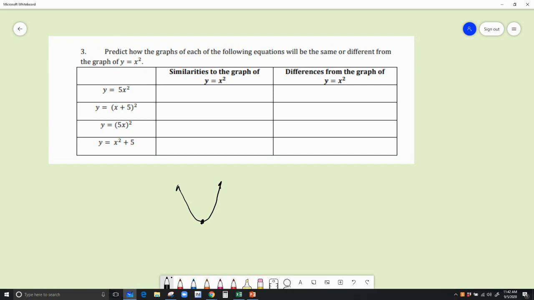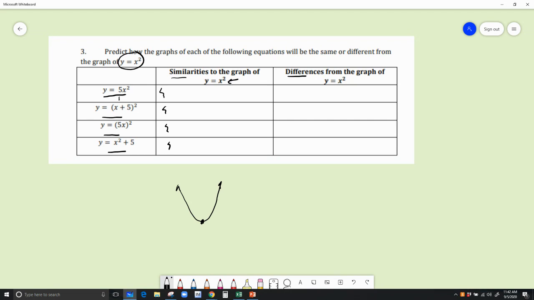So how do you think the parent function graph, y equals x squared, is going to differ or be the same from these 4 graphs? You can make a table like this, but you're going to need room to write in these sections. I'm looking for you to write what you think is going to be similar and what you think is going to be different. So for example, look at y equals x squared and say, okay, I know what the graph looks like.